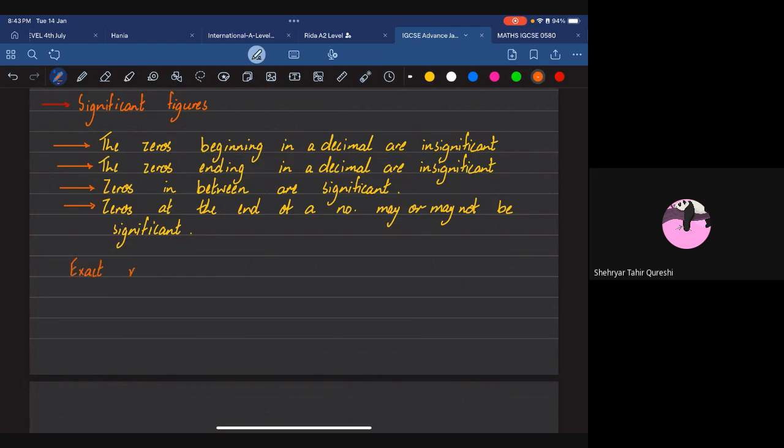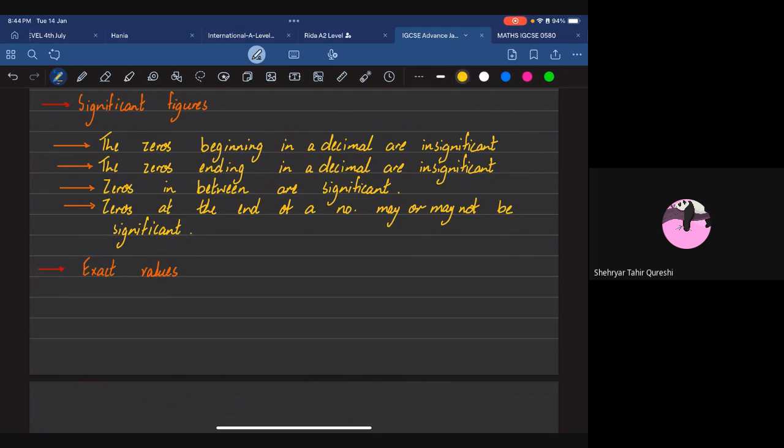We will also learn this in detail when we go through trigonometry, but I want you to be aware of these things. Exact values are when you cannot further simplify it. For example, if your question says to leave your answer as an exact value, what you're going to do is simply leave it unsimplified.